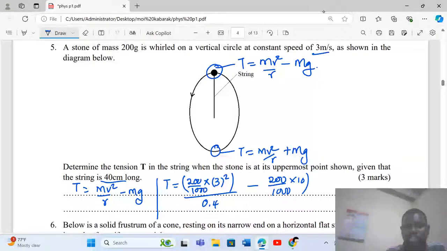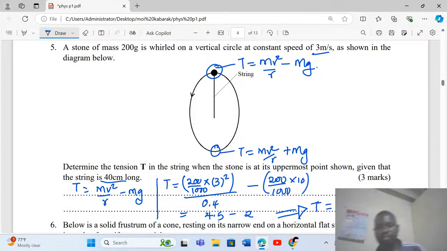And this leads us to 4.5 minus 2, so T will be the same as 2.5 newtons.